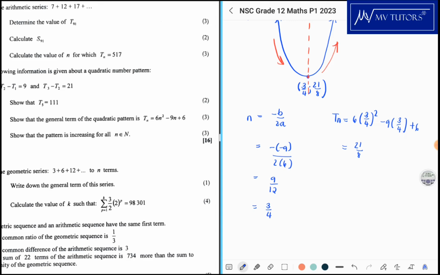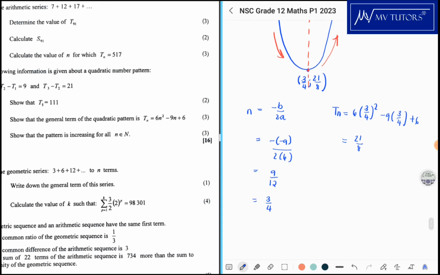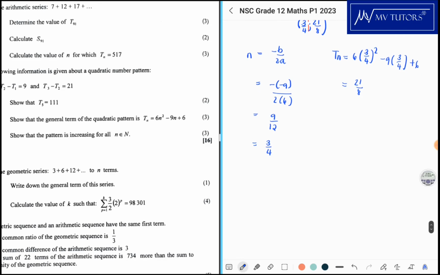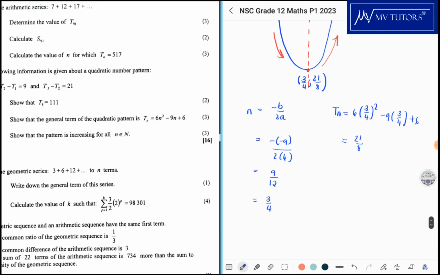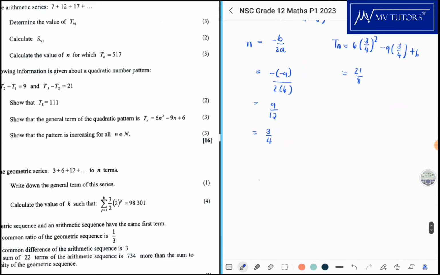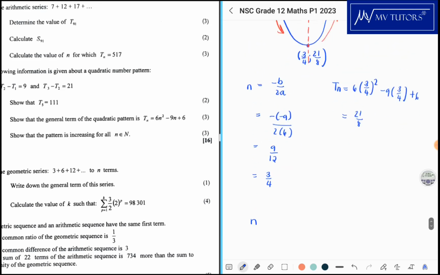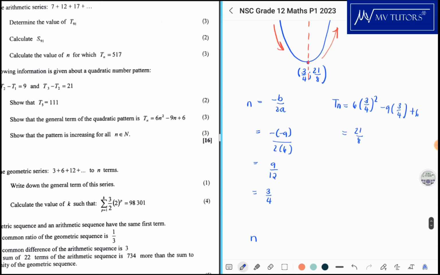So basically, if it says show that the pattern is increasing for all natural numbers, which are numbers that are bigger than 0, then we can say from this point onwards, your n actually has to be bigger. Remember I said at the turning point, that's a stationary point. There is no increasing or decreasing, it's just flat.